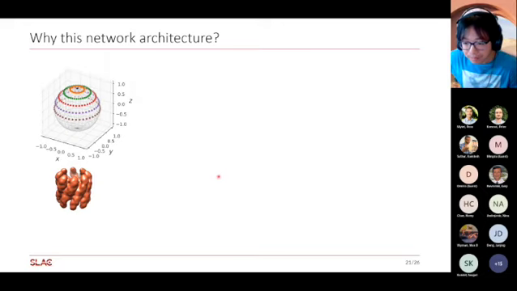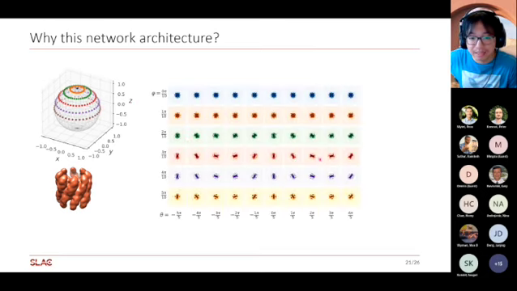If we fix the polar angle and rotate the azimuthal angle, like the ring of these red circles, we essentially get in-plane rotations, a series of diffraction patterns that are in-plane rotations of each other.